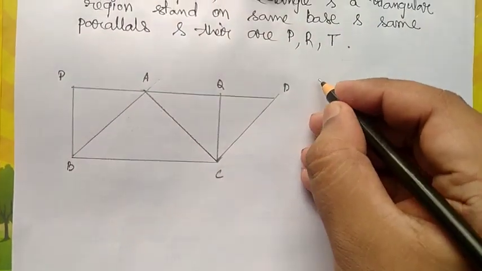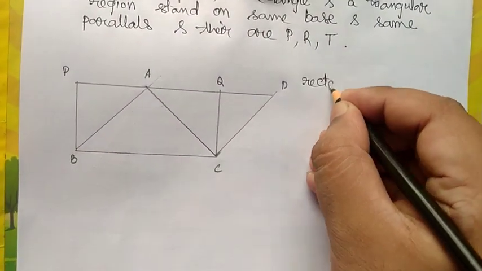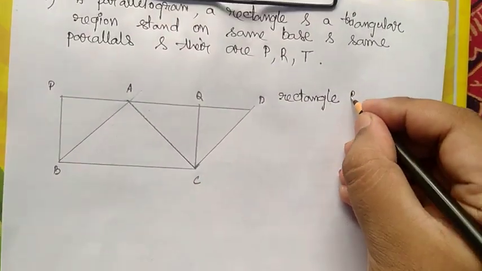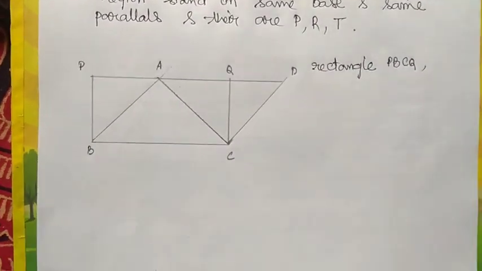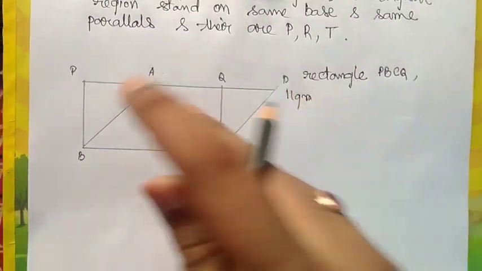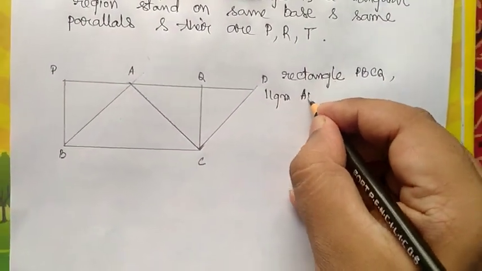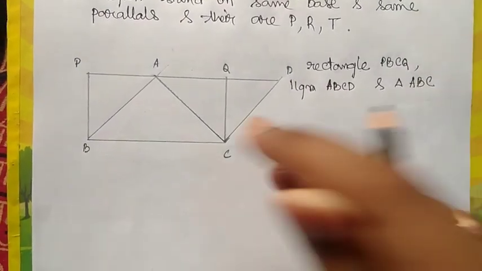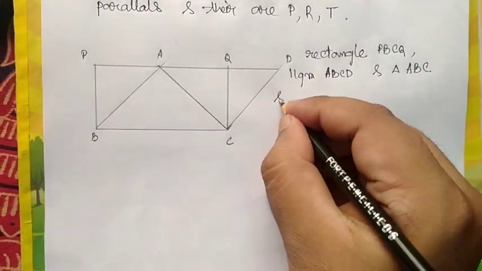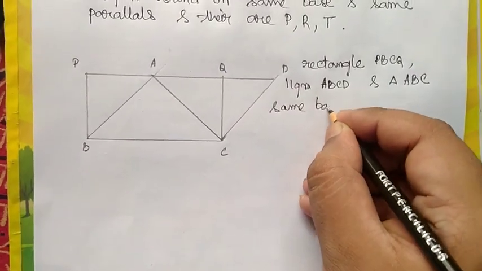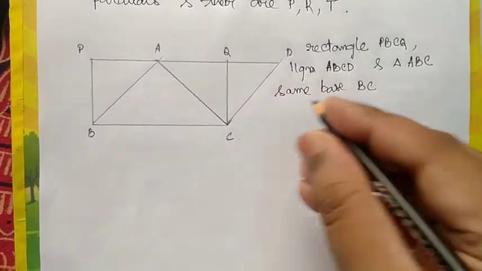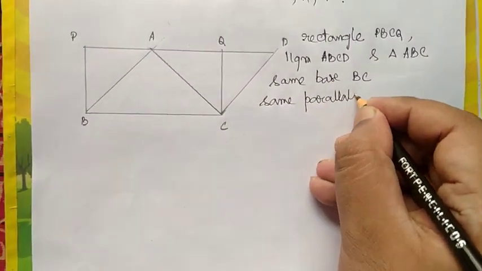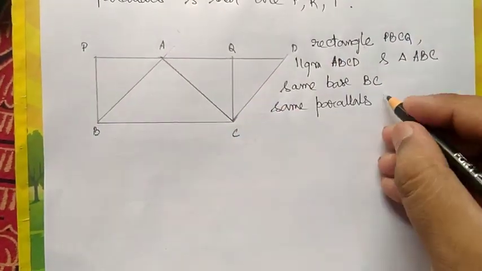So here rectangle PBCQ, parallelogram ABCD and triangle ABC, these three are on same base BC and same parallels, PD parallel to BC.